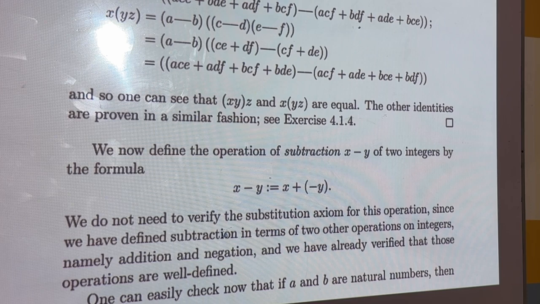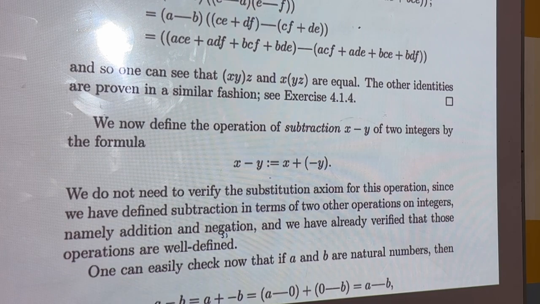We do not need to verify the substitution axiom for this operation. He says since we have defined subtraction in terms of two other operations on integers, namely addition and negation, it is well defined, and we have already verified that those operations are well defined. We have done it.